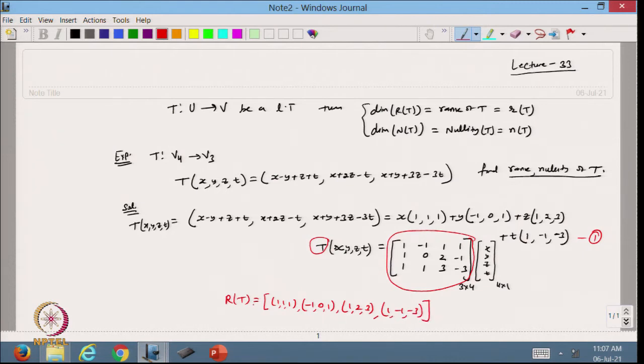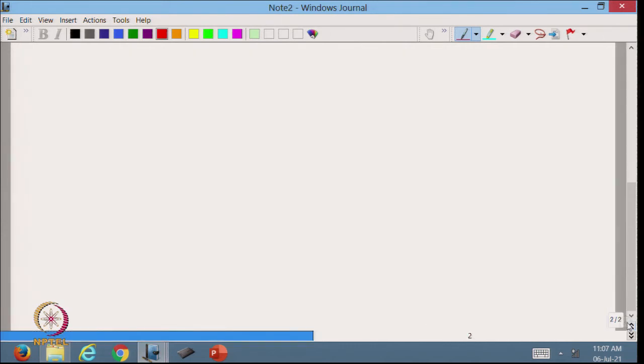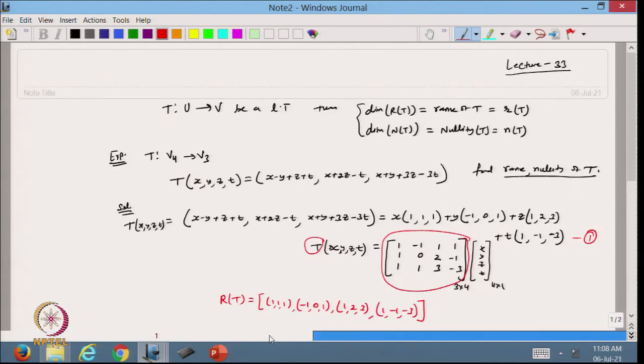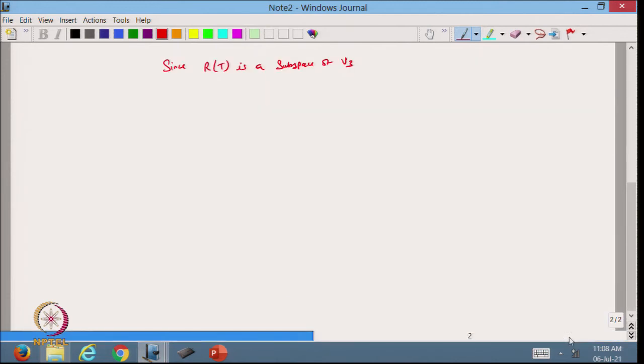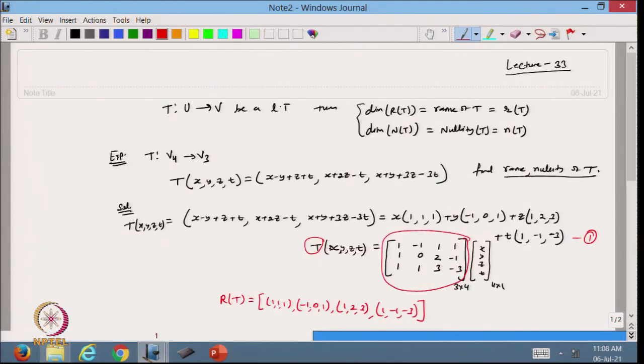But the range space I know is a subspace of V3, since R(T) is a subspace of V3. So it has 4 vectors in its span, so definitely they cannot be linearly independent, and also it belongs to V3. Now I need to check how many vectors are linearly independent in this case.